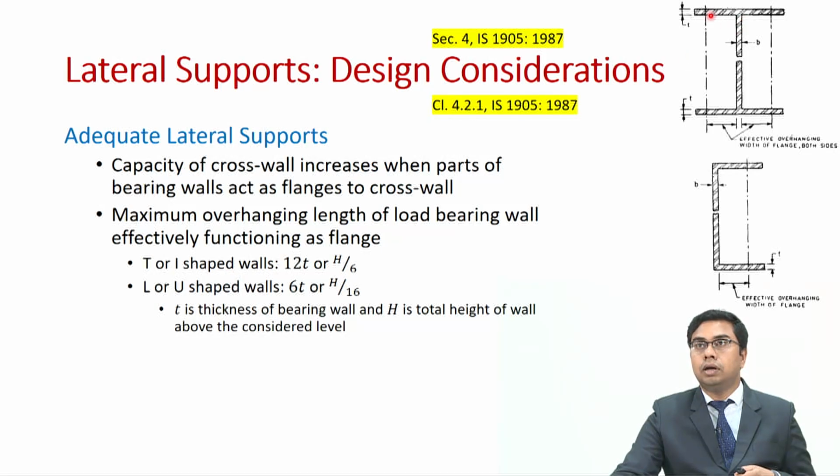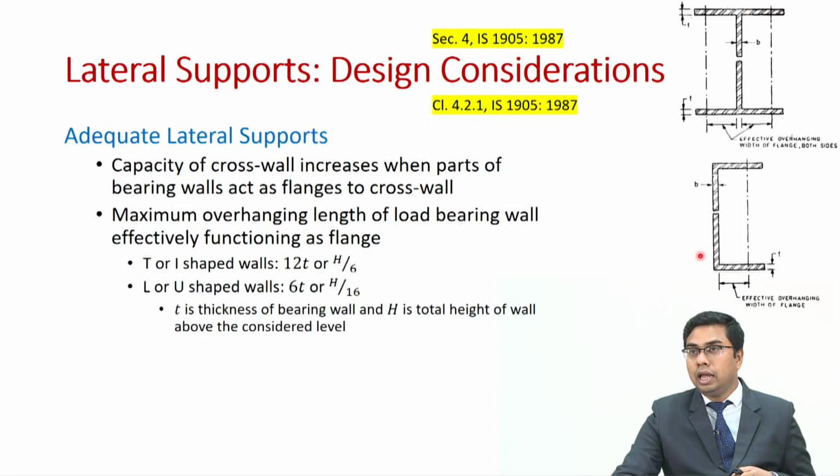For example, if you have an I-shaped wall configuration or a T-shaped wall configuration, you can always tell that there is some cross wall which is supporting the other, and in that case the overhanging length of load bearing wall, which effectively functions as flange to this wall, shall be equal to 12T or H by 6 in case of such I or T walls.